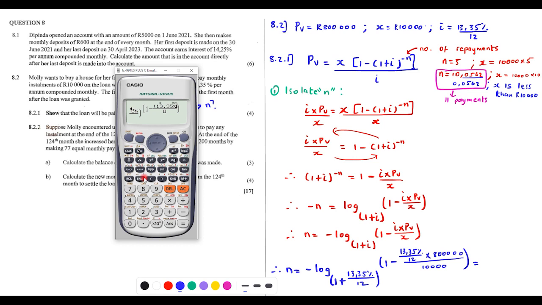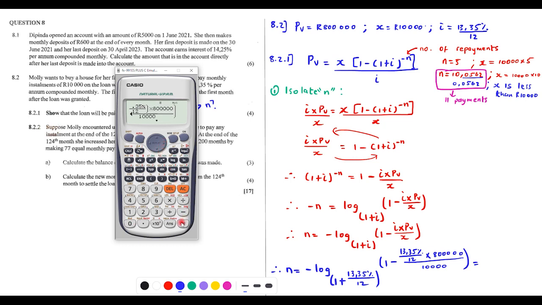See, that's how you put a fraction within a fraction, by having a bracket. So I'm going to say times 800,000 over 10,000. Alright, let's see.